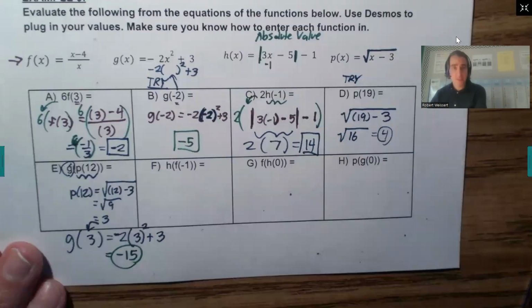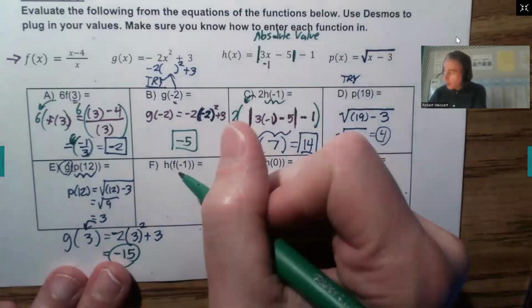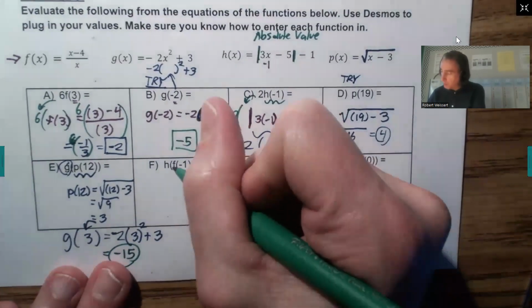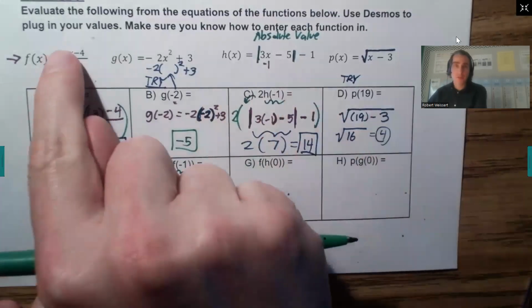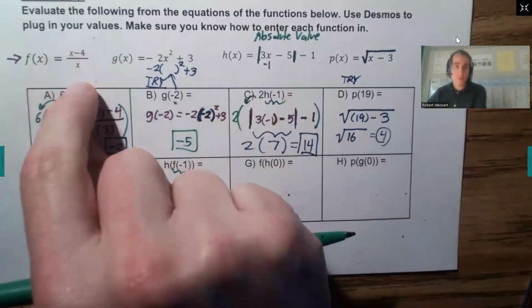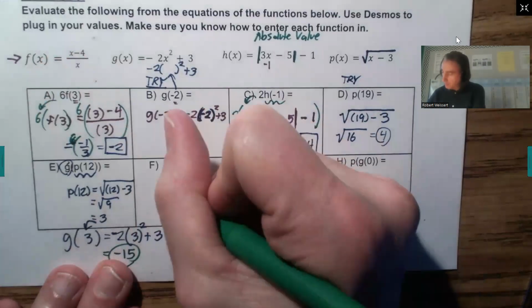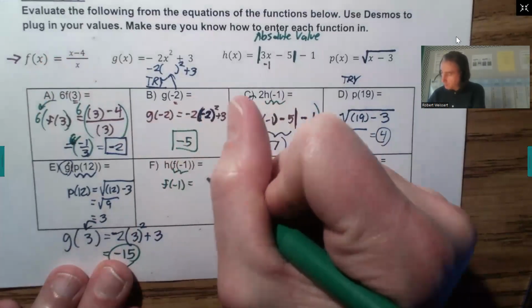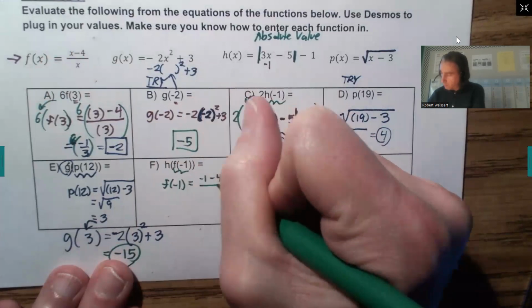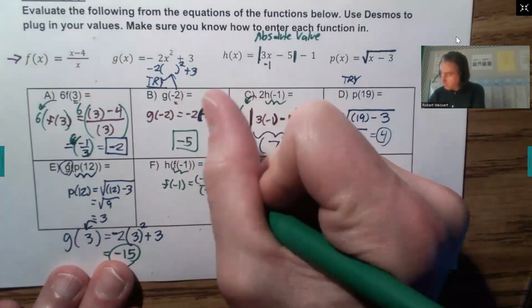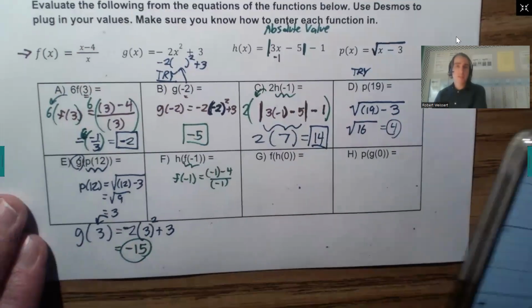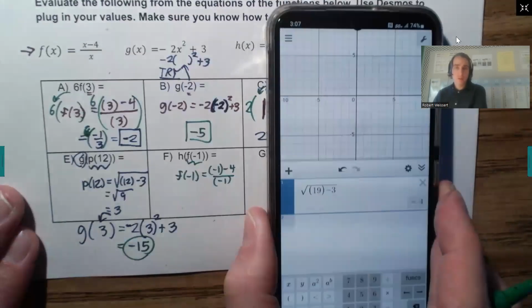Let's do part F so you can see one more together like that. F of negative 1 is what we'll do first. So f is the initial function up there. We're going to plug in negative 1 where the x's are. So I'll use the Desmos calculator on here.